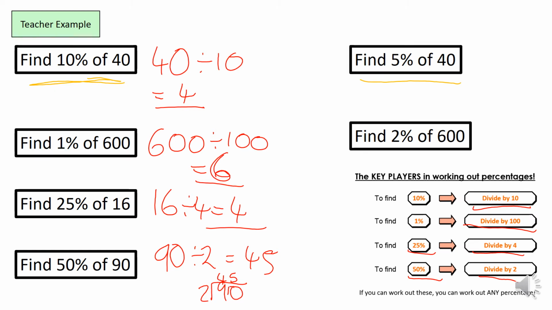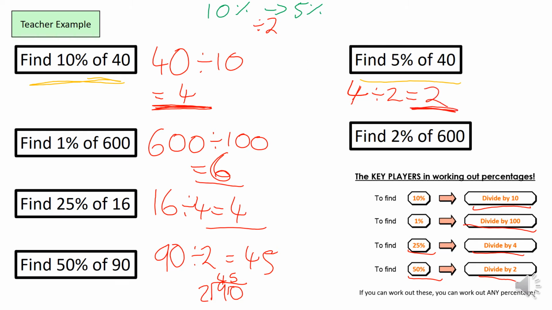Like I said in the last slide, to go from 10% to 5%, I have to divide by 2. So if I've got the 10% value, which is 4, I'm just going to divide it by 2. Take that 4 divided by 2, that equals 2.